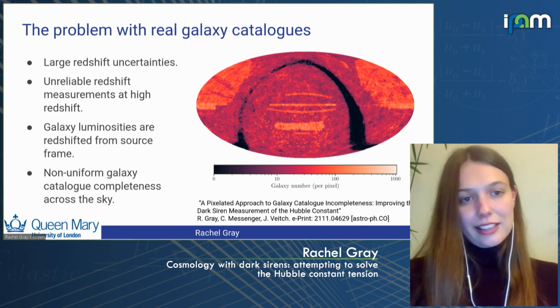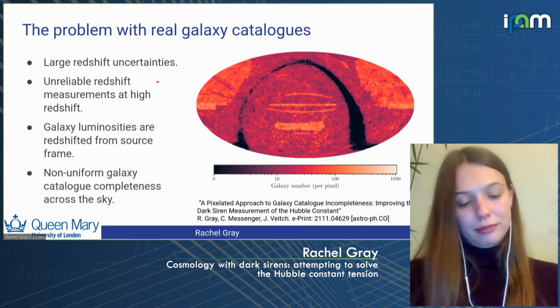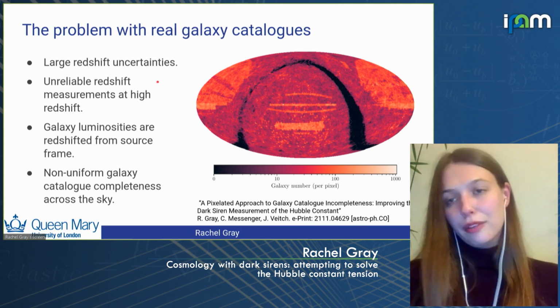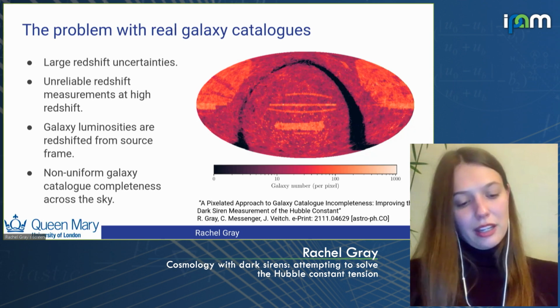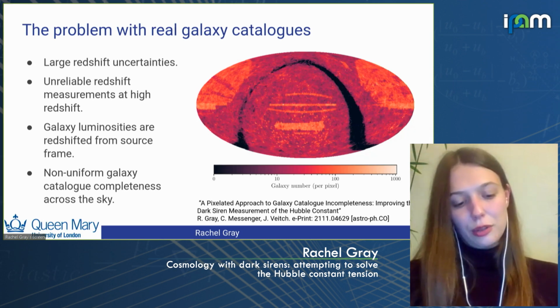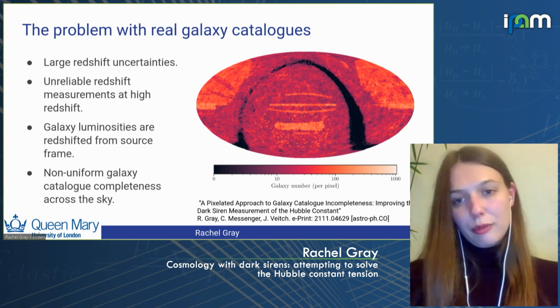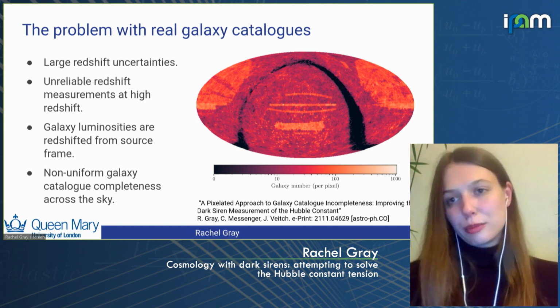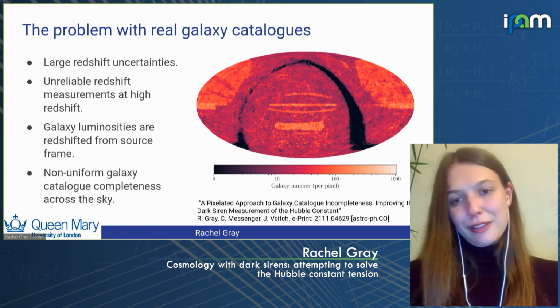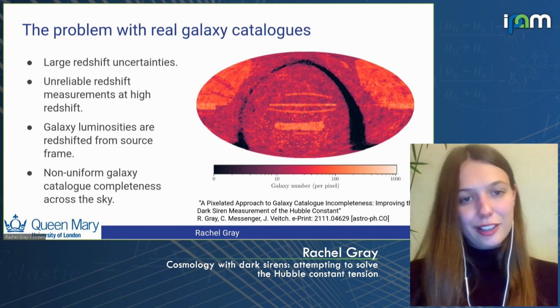This also means that at high redshifts, some of these redshift measurements may become unreliable. There may be unrealistic structure that comes in due to the way that these photometric redshifts were computed, which obviously you don't want if you're using this as a prior, because if your prior is wrong and you're using it for all your events, that could certainly be bad.